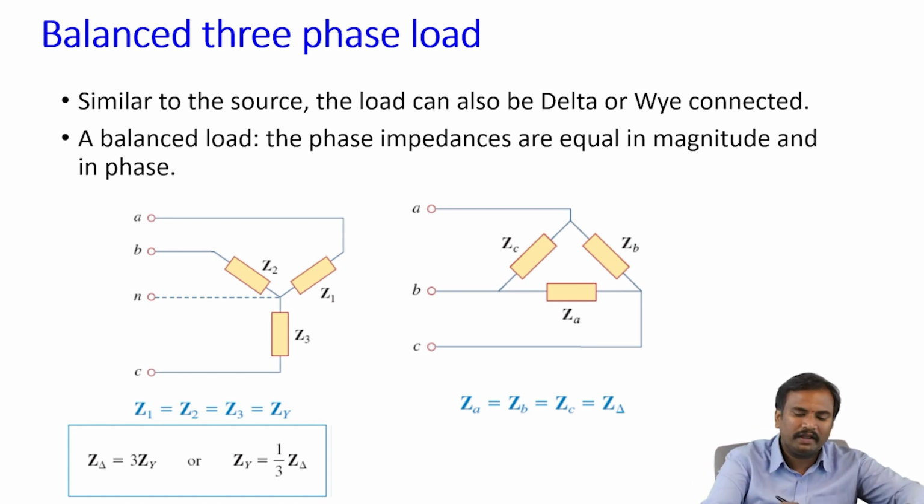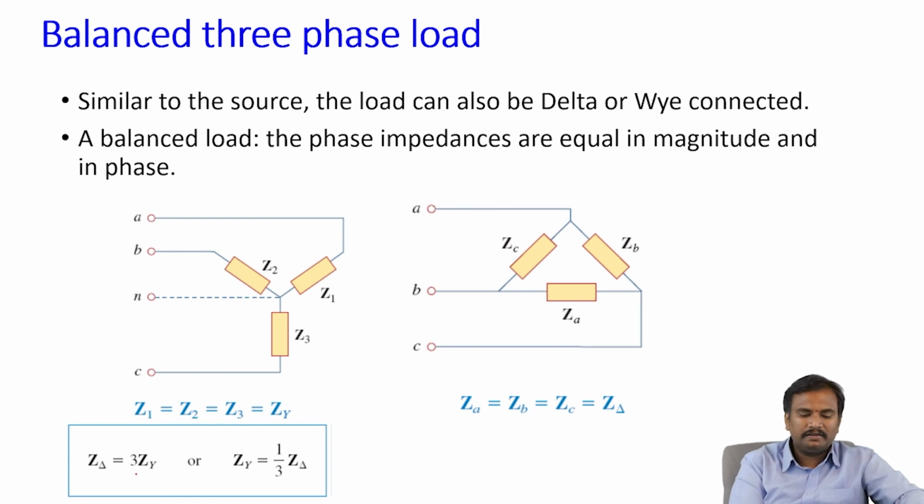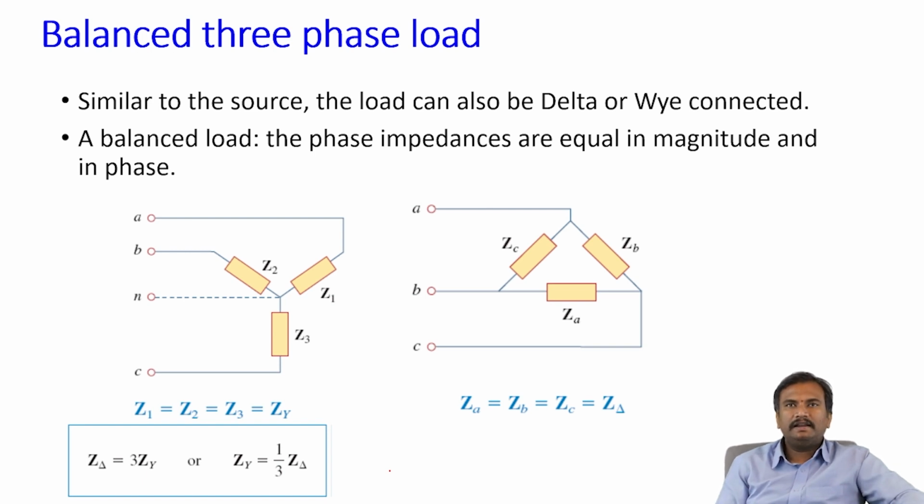Here we have Z1 equals Z2 equals Z3, which equals ZY. To get Z delta, it is 3 times ZY, or ZY equals 1 by 3 into Z delta. If we take the delta values, to calculate ZY it is 1 by 3 into Z delta.